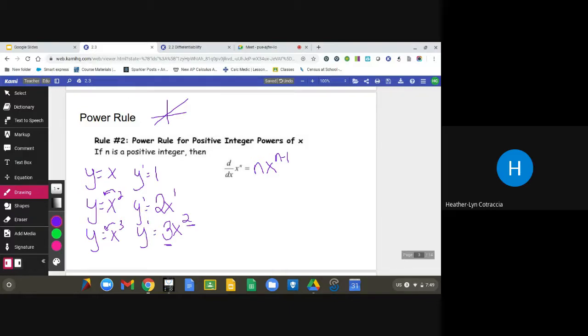So bring the exponent down, and then subtract 1 from the exponent.